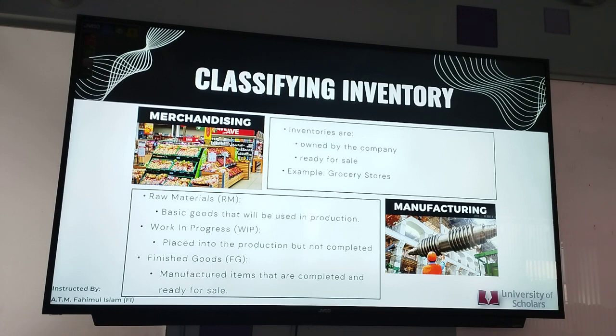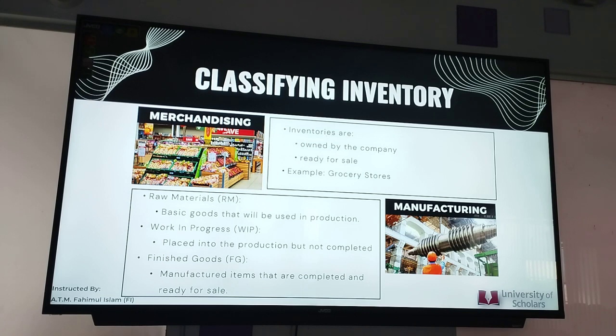After collecting raw materials, they will process or assemble those raw materials in their work in progress. If we talk about the mobile companies, they bought mobile chips, motherboards, RAMs, storages from different companies, and they will assemble them in their assembly line or in their factory into a mobile phone or a mobile case.